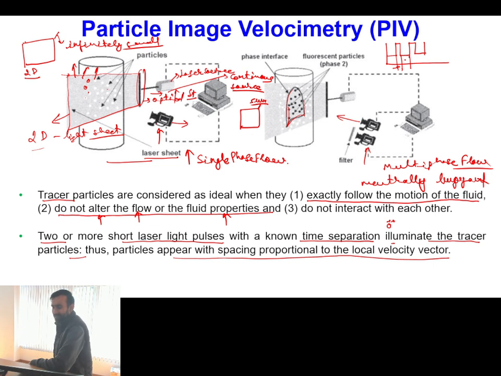Why is this done? Typically in this type of situation, if you give a continuous light, then while the camera is trying to capture the particle, the camera will try to trace the entire path of the particle.